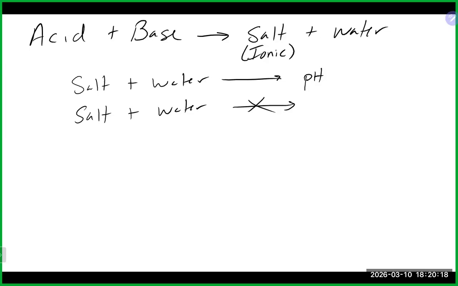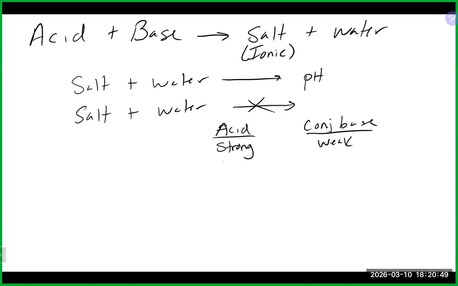So how do we know whether or not a salt will continue to react with water? It has to go back to that relationship that we talked about earlier in this chapter. So just to revisit it, if you have an acid and its friend, the conjugate base, if that acid is strong, remember the relationship is that the conjugate base will be relatively weak.